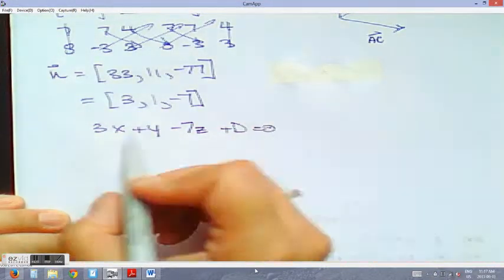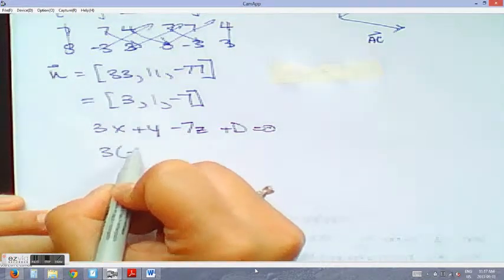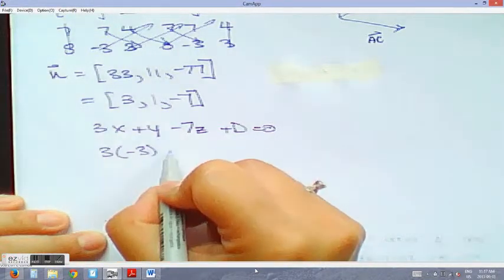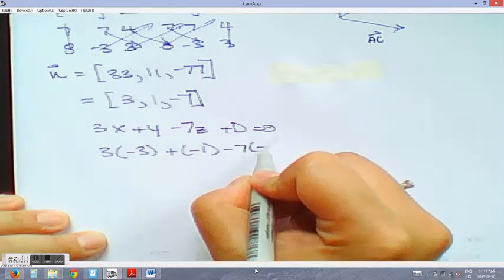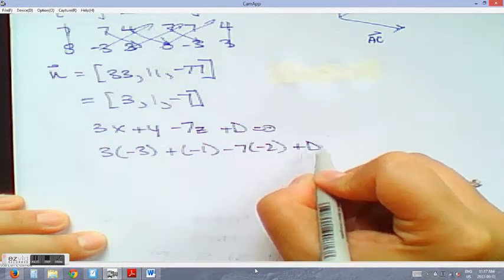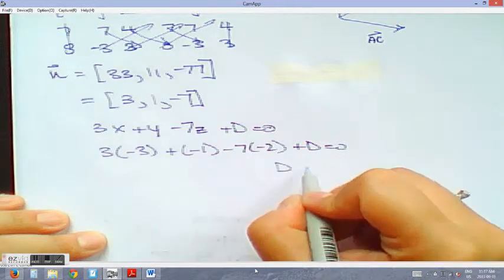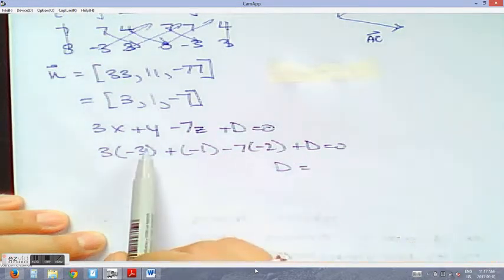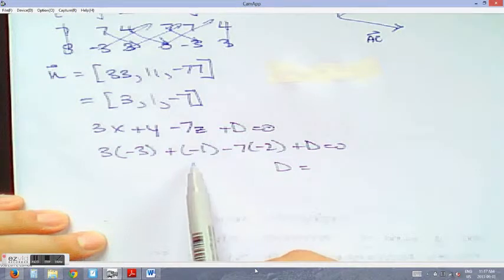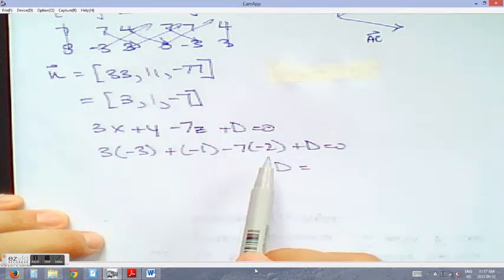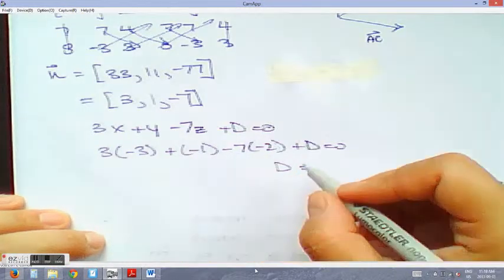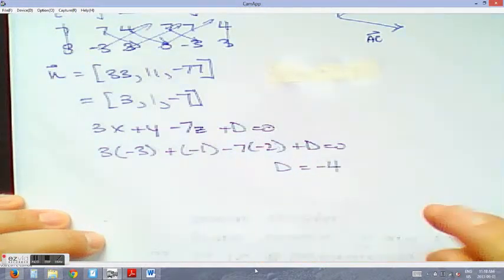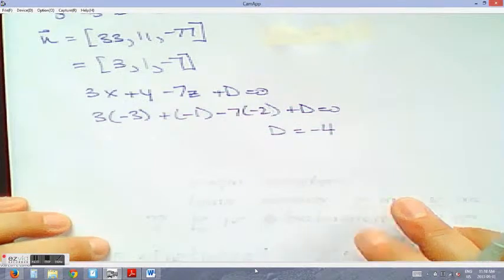So we'll find d. 3 times -3, I'm just using point A now, minus 1 minus 14 plus d is equal to 0. D then is equal to 9 plus 1 plus 14. Sorry, let me redo that: d then is -4.